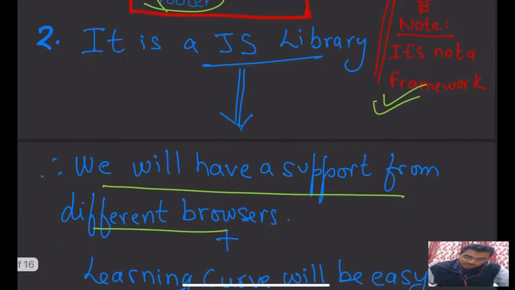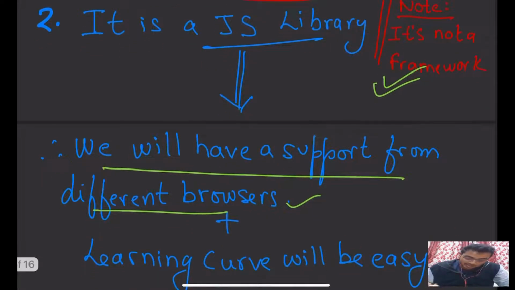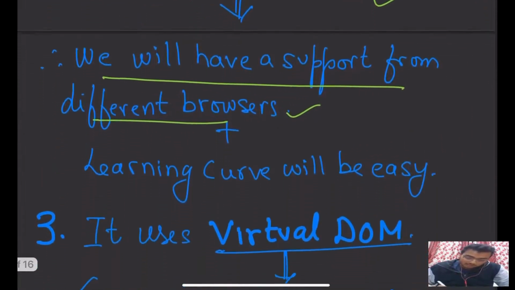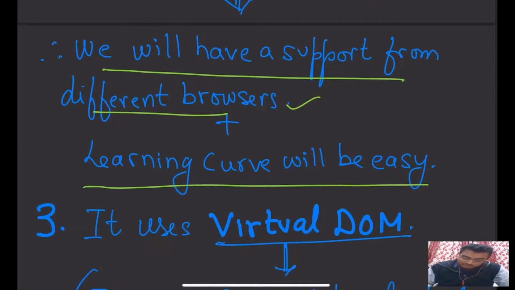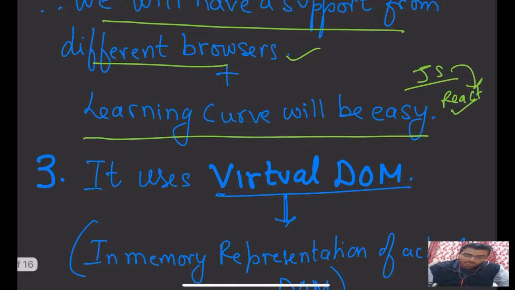And that is a benefit that will come along with JavaScript to React when you are developing applications in React. Then the learning curve will be easy since you already know JavaScript. Proceeding from JavaScript to React would be comparatively easier than learning a new framework like Angular, which is also an alternative. Angular, Vue.js, React, these are alternatives which you can use.